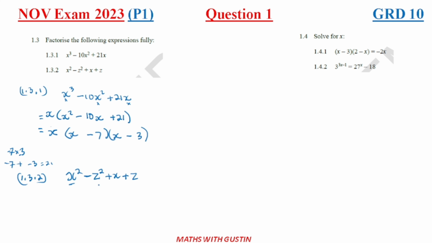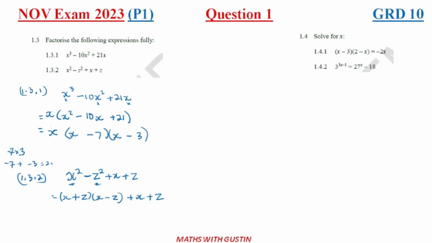This part is a difference between two squares, as you can see. If you have a square and a square, you just come here and say double bracket. One has to be positive, the other one has to be negative. You know how we deal with the difference between two squares in this way, and then x plus z will just remain as that, right? And that's how you would deal with a question like this one.